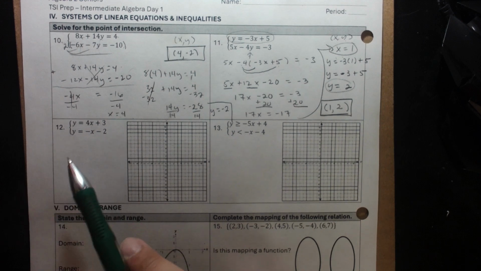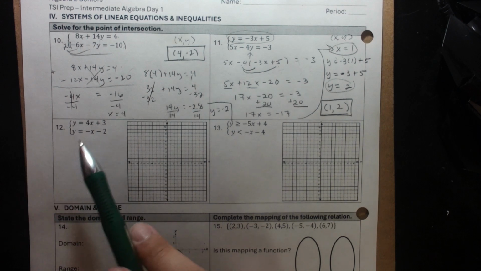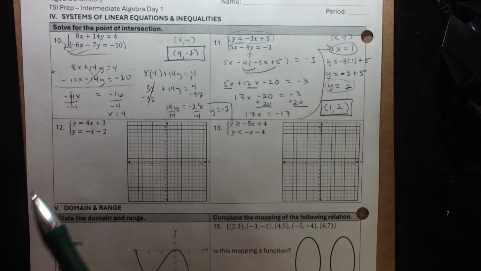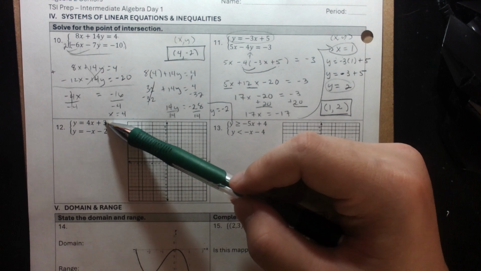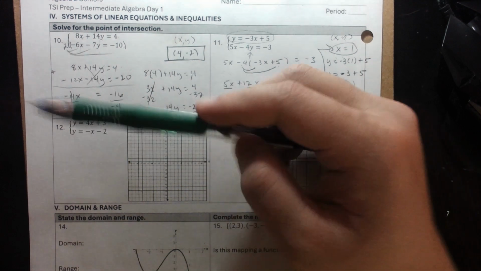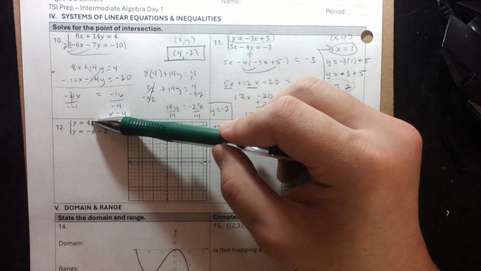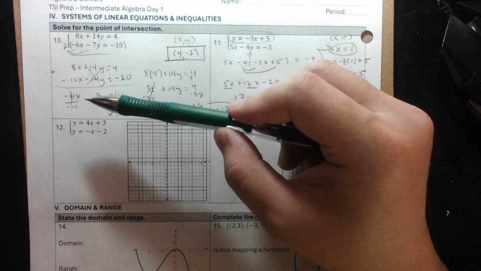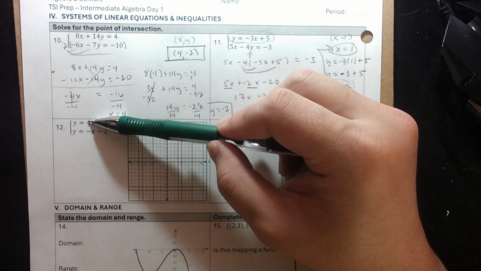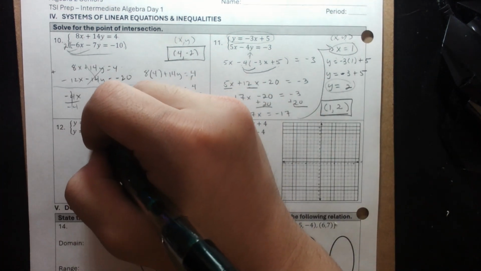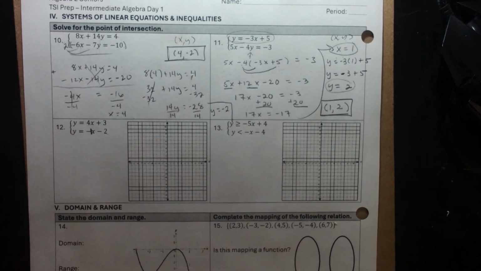The next thing that you have to do is you have to identify the slope and intercept. And the positive 3 and the negative 2 are your y-intercepts. And then here, the number that is right next to the variable x, we have positive 4, and then that invisible 1 here, now it becomes negative 1.